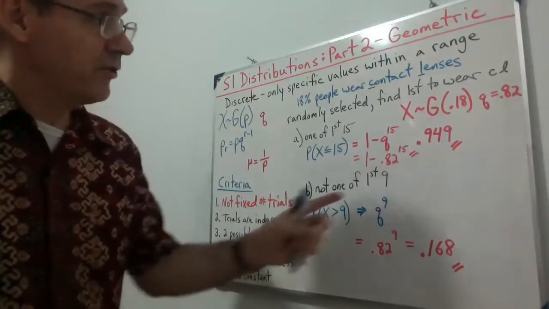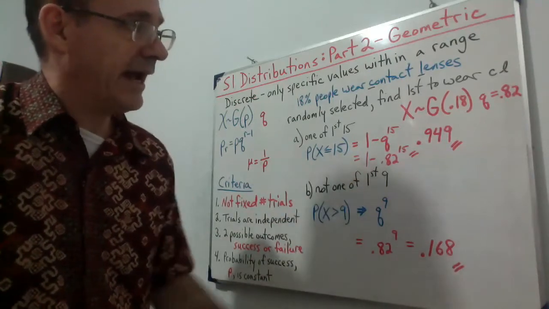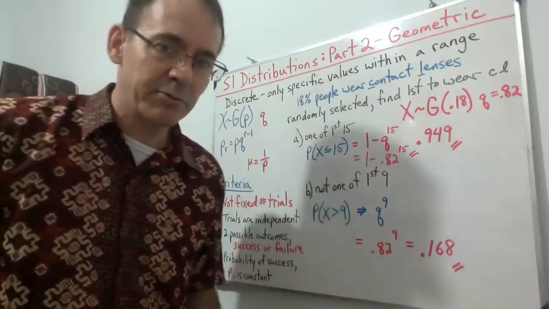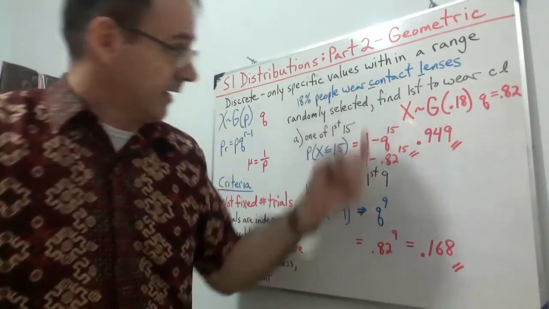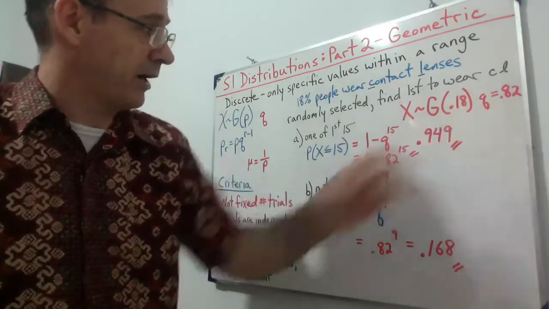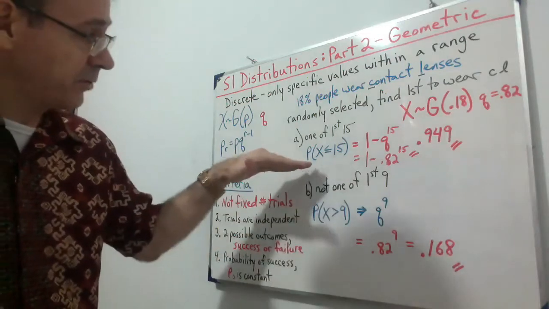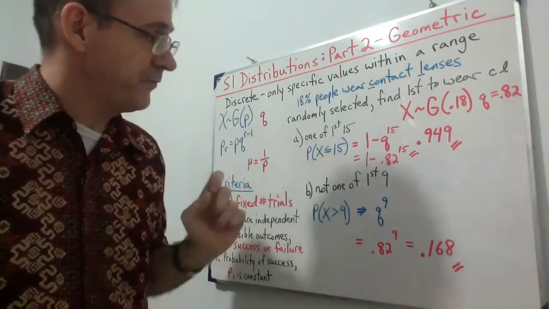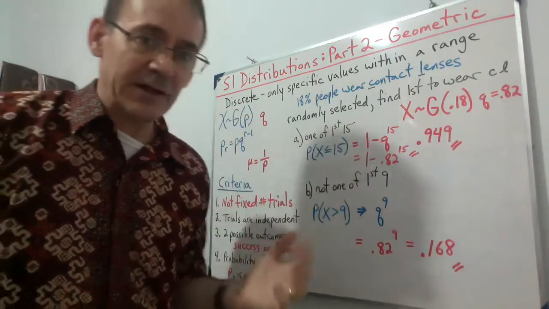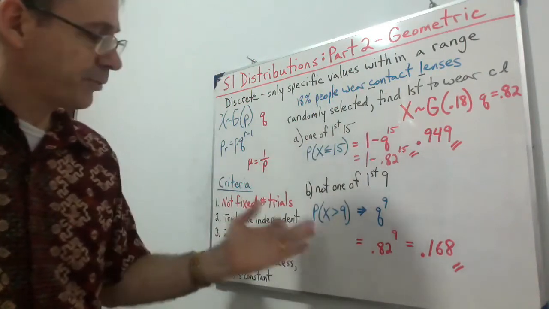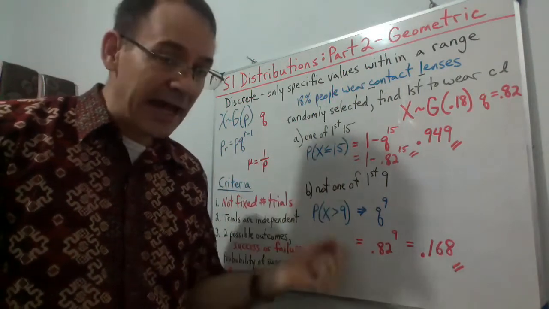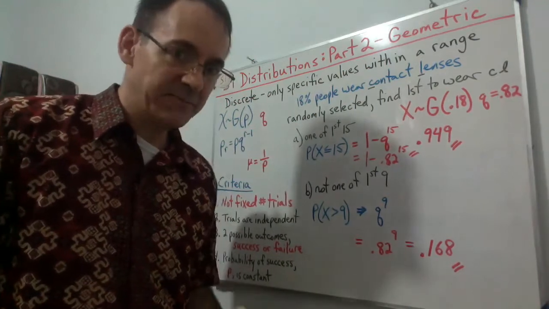Okay, so notice in both of these, we actually only used the failure. We didn't use the probability of success at all, except in the notation. It was the probability of failure. If your probability of success is before 15, then that means you can't fail 15 times. If your probability of success is after 9, that means you had to fail 9 times.